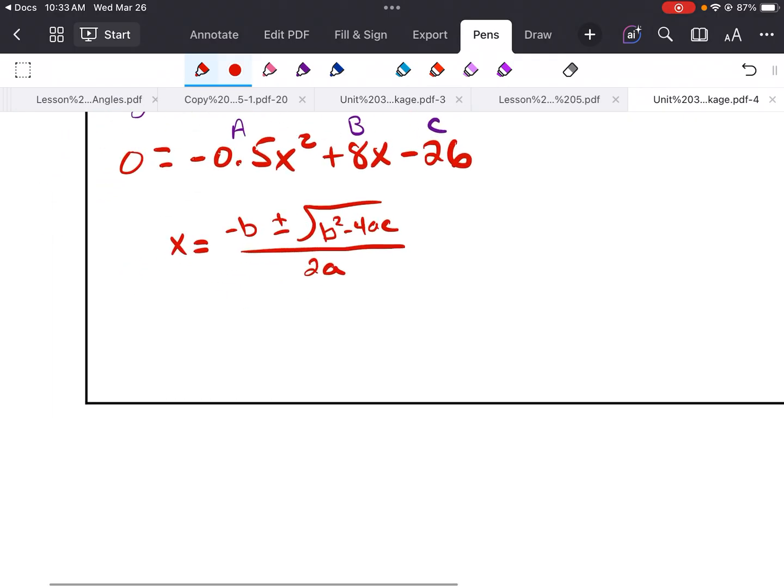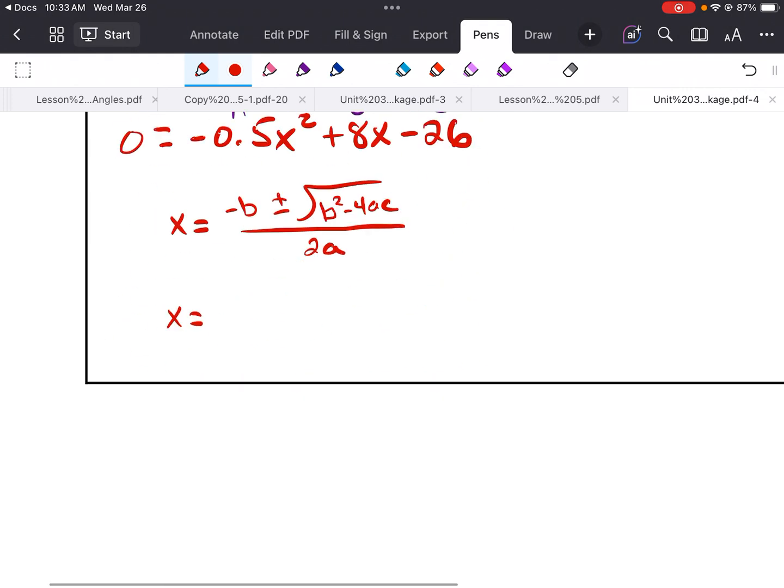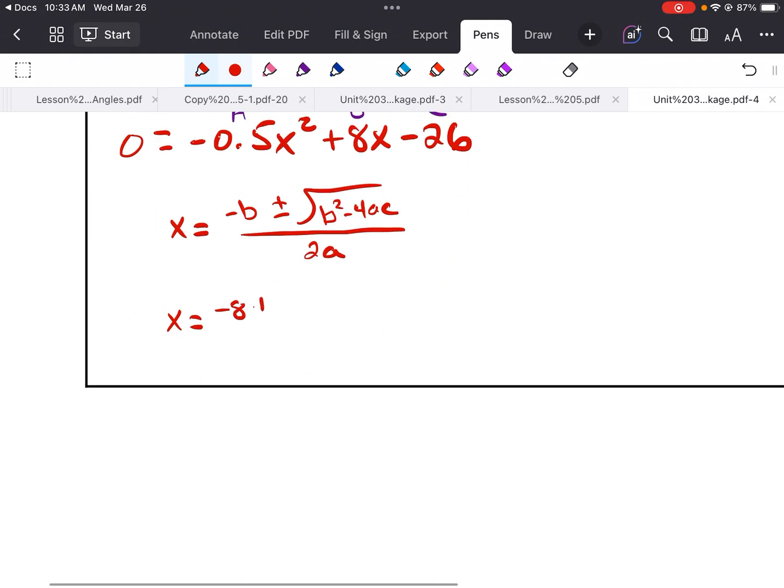Okay, and then it's just a matter of filling it in. So negative b becomes negative 8. We have 8 squared minus 4 times negative 0.5 times negative 26.